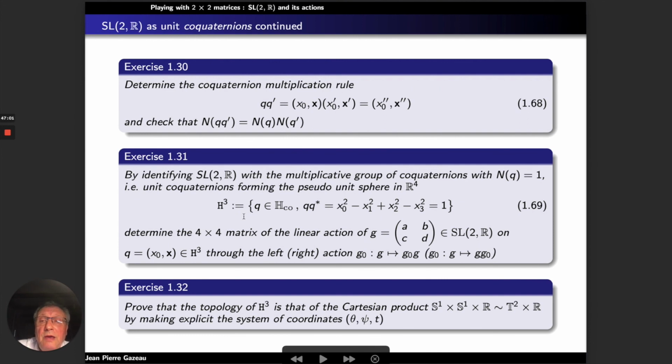Exercise: identify SL2R with the multiplicative group of co-quaternions with n of q equal to 1. That means all co-quaternions here are invertible. We call that unit co-quaternions. They form a pseudo-unit sphere in R4 here.